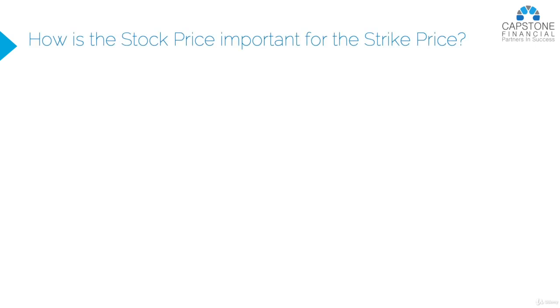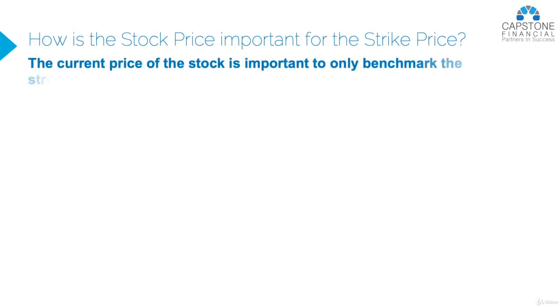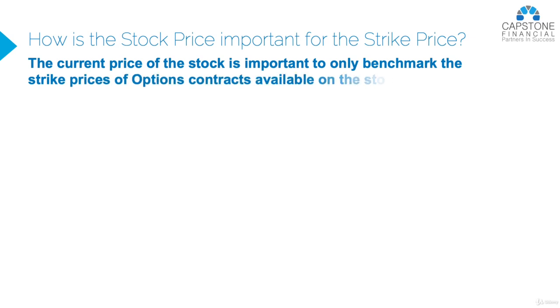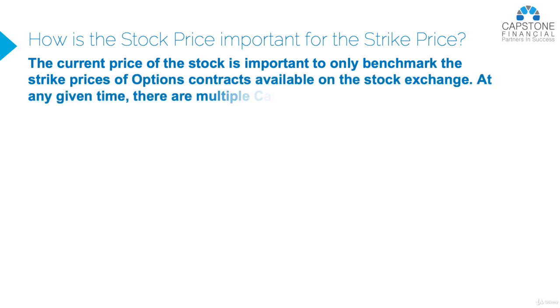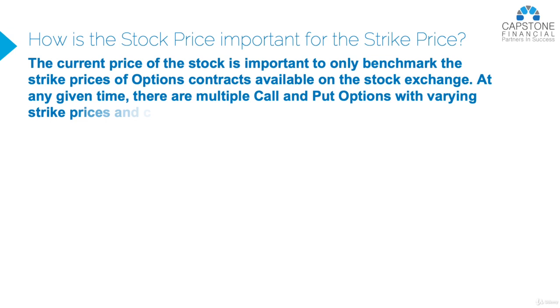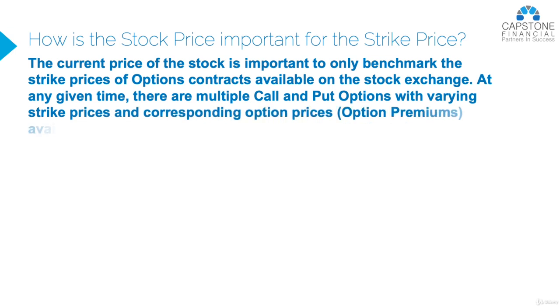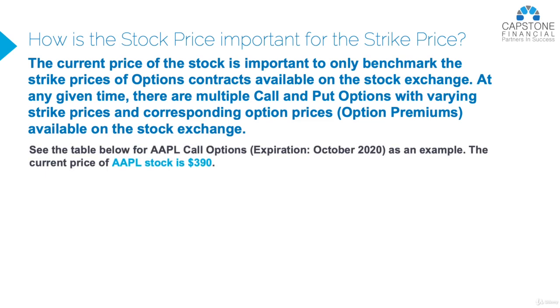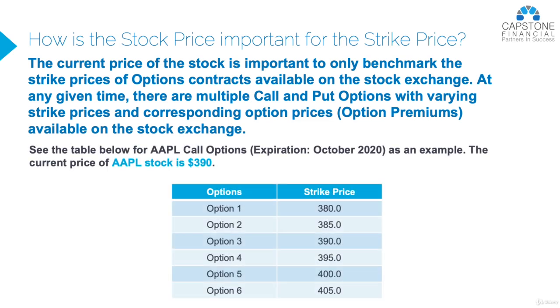How is the stock price important for the strike price? What we want to decide prior to getting into the options market or a specific trade is, what is the strategy that we are looking to implement? Are we looking to implement an income strategy, speculation? Are we looking to hedge something in regards to our portfolio positions? Let's look at the table for Apple stock, assuming Apple stock is trading at $390.